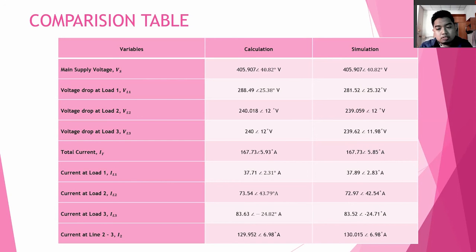This is the comparison table for voltage and current that we calculated earlier in task 1. We compare both calculation and simulation together. There are some differences in the values obtained, but they do not significantly affect the data analysis carried out in this assignment.